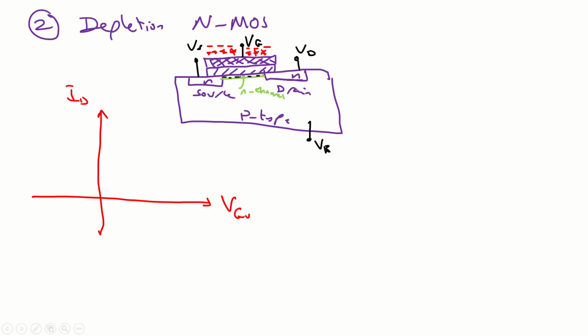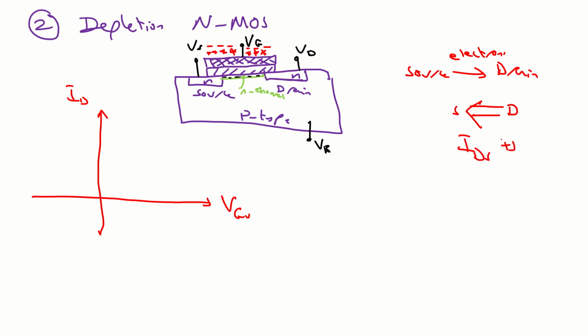Now first of all, the electrons are moving from the source to the drain. This is the motion of the electrons. That means the conventional current will be from the drain to the source, which means IDS is positive. This is why the plot is here or is here. This IDS or ID, both will be fine.